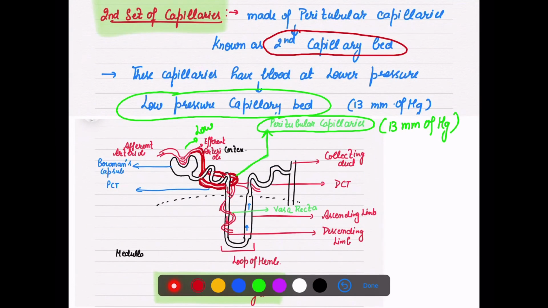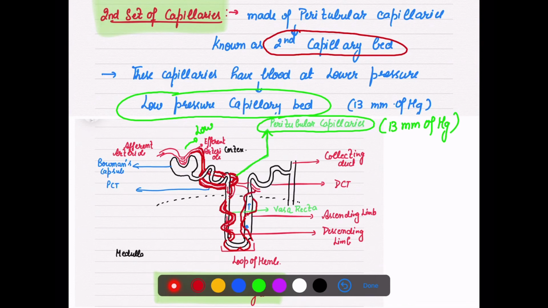Now again, these peritubular capillaries cover the whole area around, they form a loop like structure around the loop of Henle. They cover the whole loop of Henle with its ascending limb with the loops.